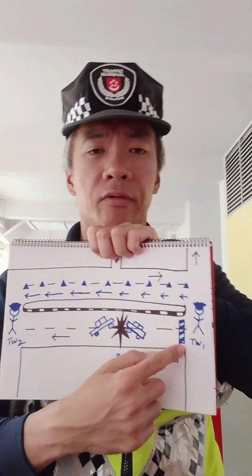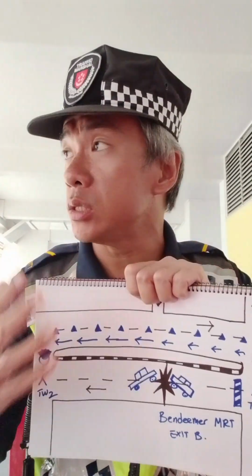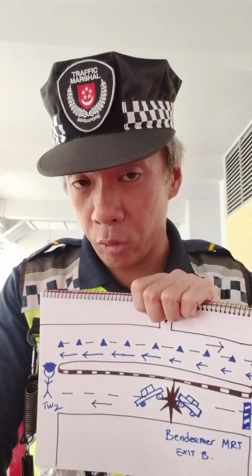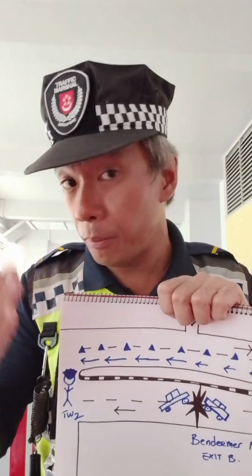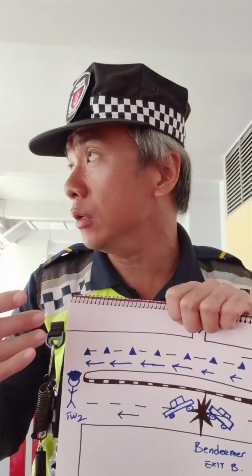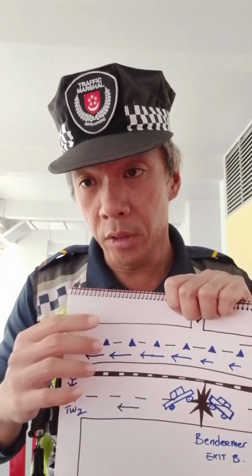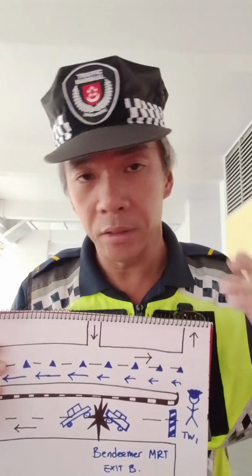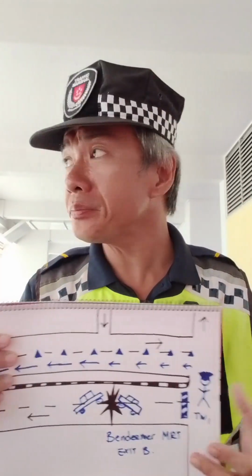So TW1 will comms to TW2 and say something simple as: closure in full effect, contraflow in operation, or counterflow in operation, contraflow in full force, counterflow in full force. Keep it simple: counterflow or contraflow in operation.